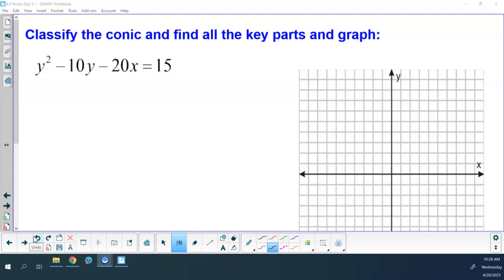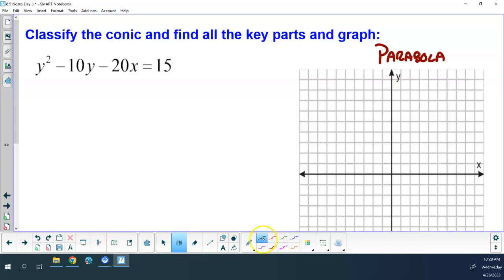So what is this? It's a parabola. Why is it a parabola? It only has one squared term. Okay? So since it only has one squared term, that means that it is one, a parabola, and two, we only have to do one completing the square.